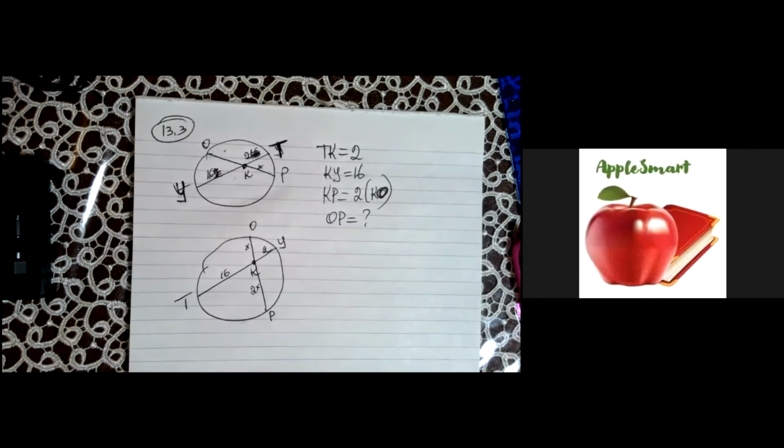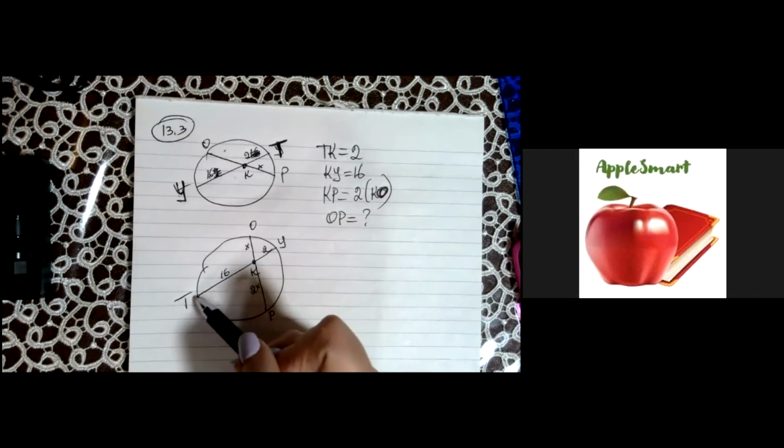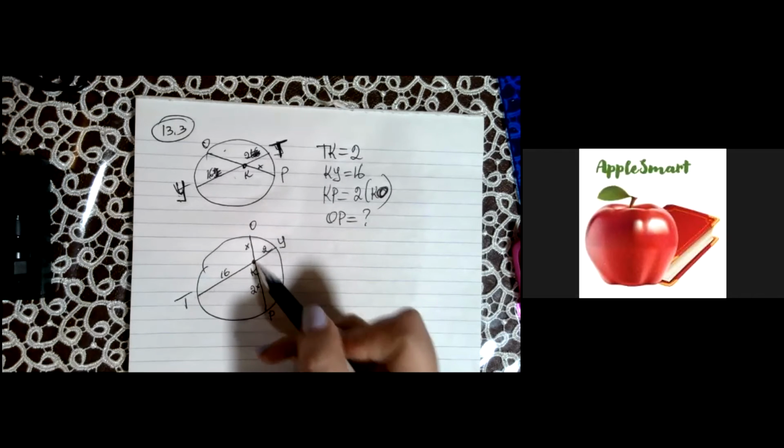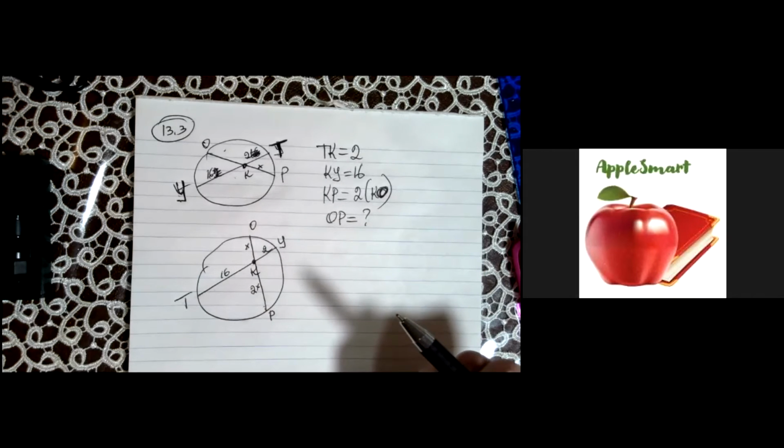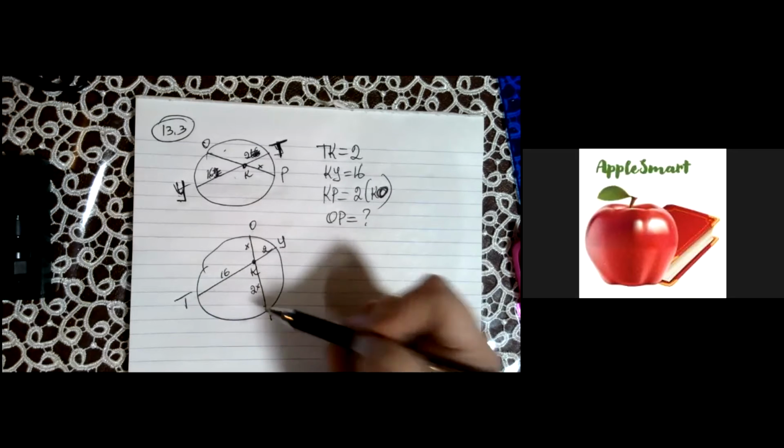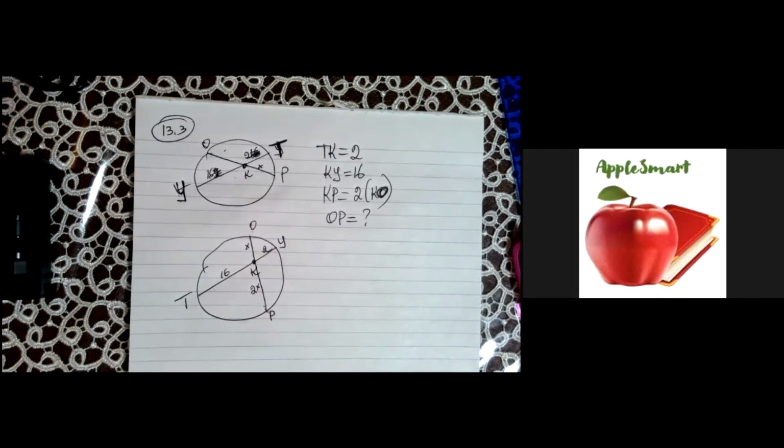Okay, so all we know, this is 16, this is 2, this is twice this, and we have to find the length of OP, the whole thing. As soon as we find 1X, we know OP consists of 3 X's. But we have to find what 1X is.